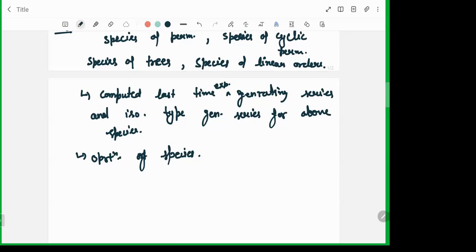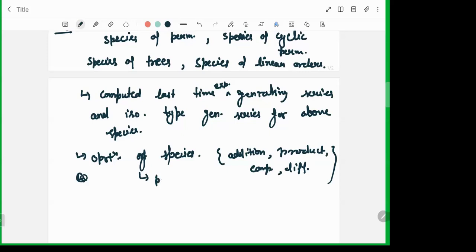So this week we continue. In this week's first lecture, we defined the pointing operation. Last time we saw addition, product, composition, differentiation, and then this week we started with pointing.